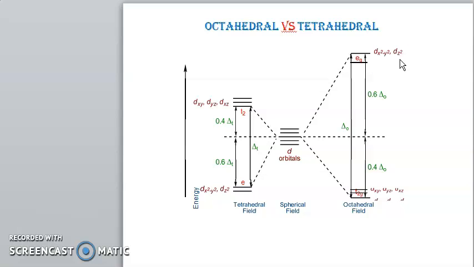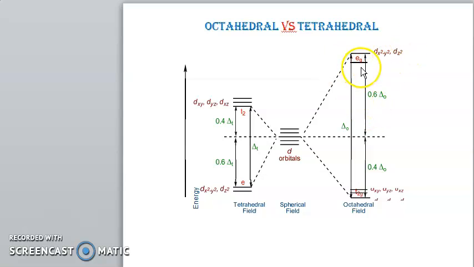Likewise, in the tetrahedral field it also splits into two sets, that is T2 and E. But the E set has two d orbitals, dx square minus y square and dz square, and the T2 has dxy, dyz and dxz, which is completely opposite to the octahedral field.